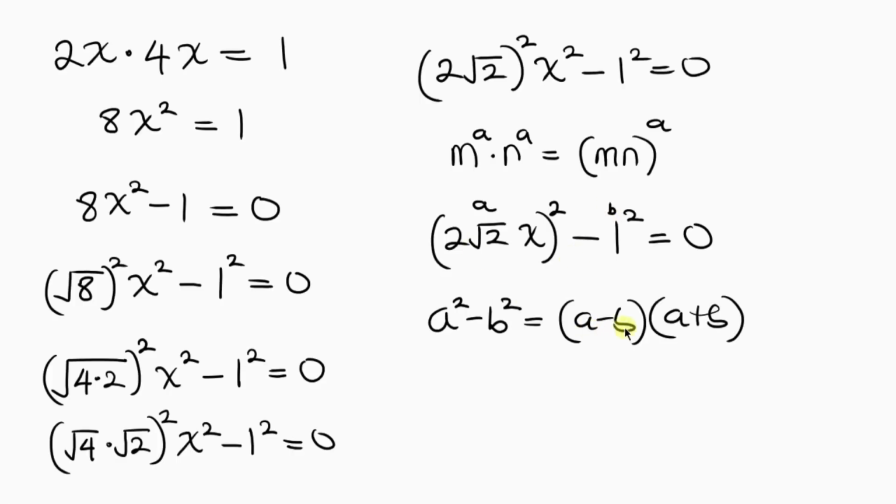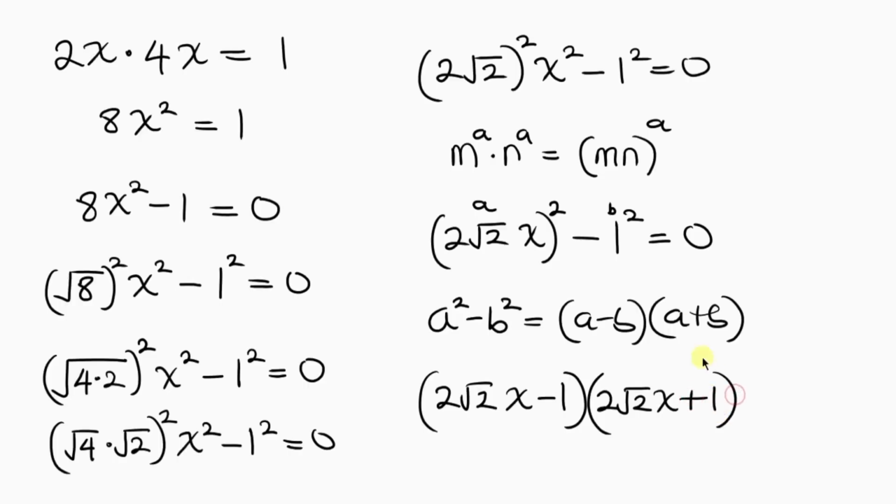So this is a minus b, which is 2 root 2x, that's our a, minus b, b is 1, that's it, times a plus b. A is 2 root 2x plus b, b is 1. Very good. And this is equal to 0.